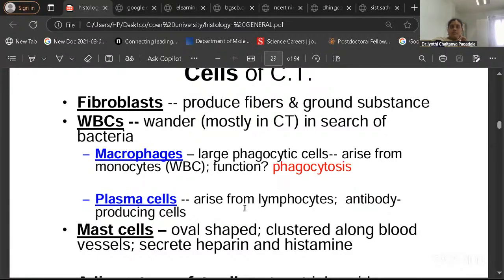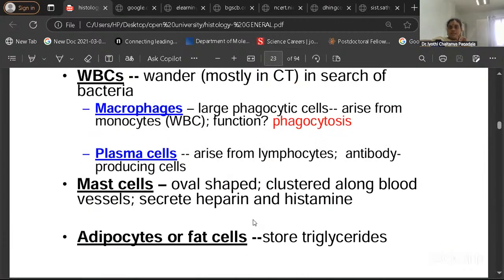What is the duty of macrophages? They are large phagocytic cells arising from monocytes, which function in phagocytosis. And plasma cells arise from lymphocytes; they are the antibody-producing cells.